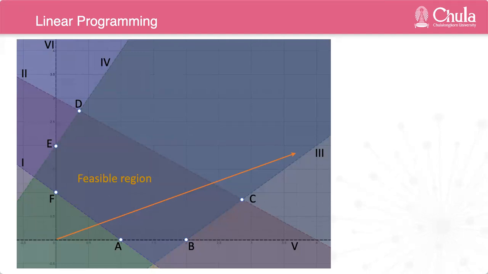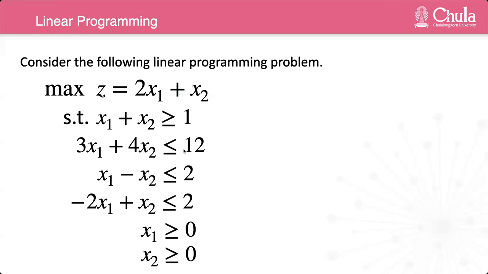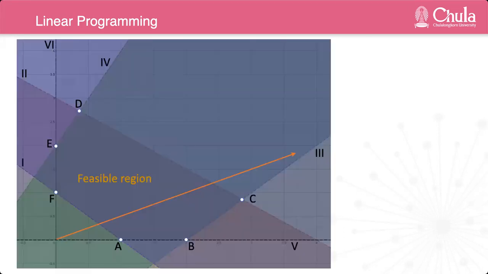If we look at the second constraint, 3x1 plus 4x2 must be less than or equal to 12, we draw that line first, and the feasible region is below this line.